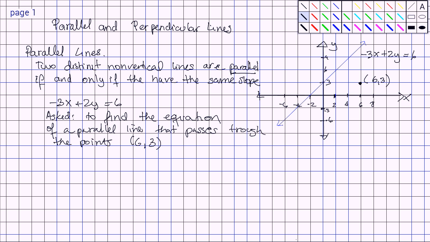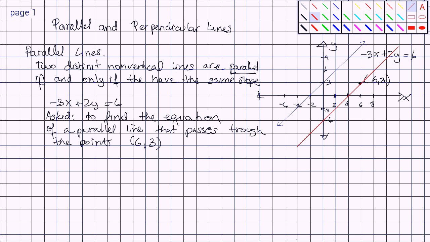Now if you notice, we can simply graph a line in red. For a line to be parallel, roughly it will look something like this, right? That looks parallel. But to be sure that it's parallel, we actually have to use the equation.